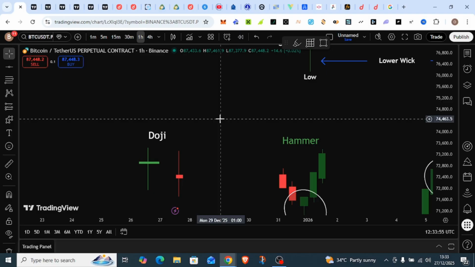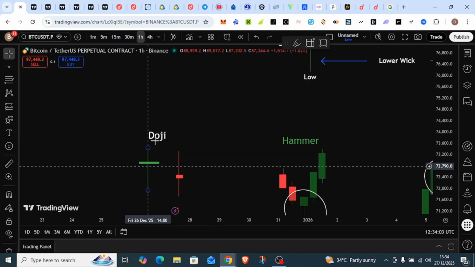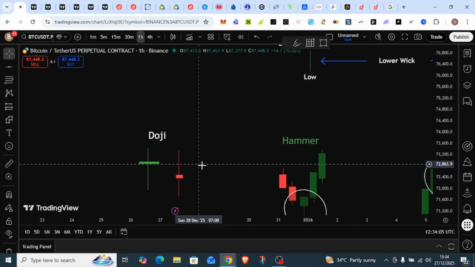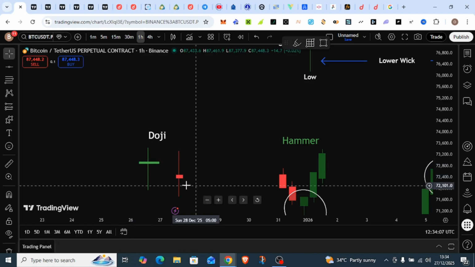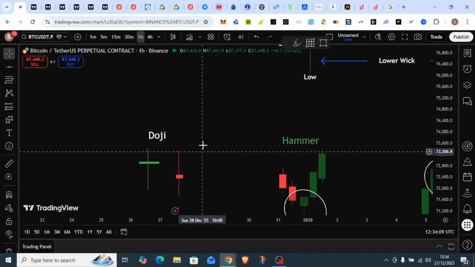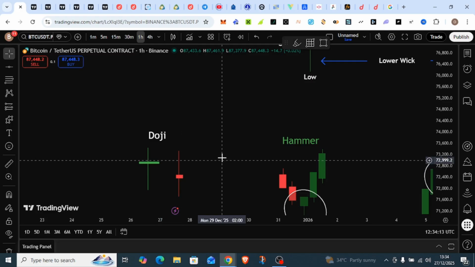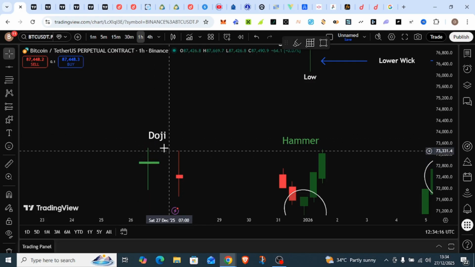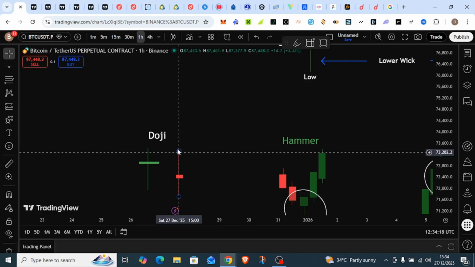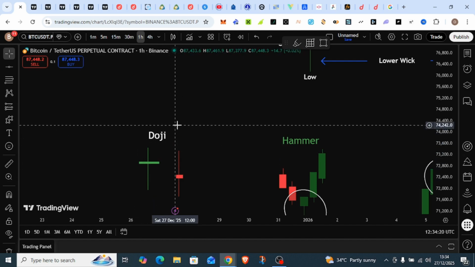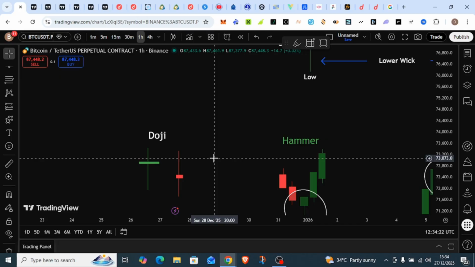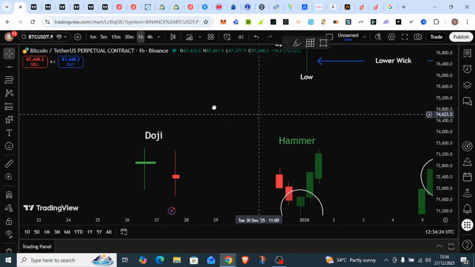It indicates indecision in the market, often a potential reversal signal when appearing after a trend. So here is a doji. These two candles here, they have small body and long wick. So the wicks are long, but the bodies are small. So this particular type of candle is called Doji.